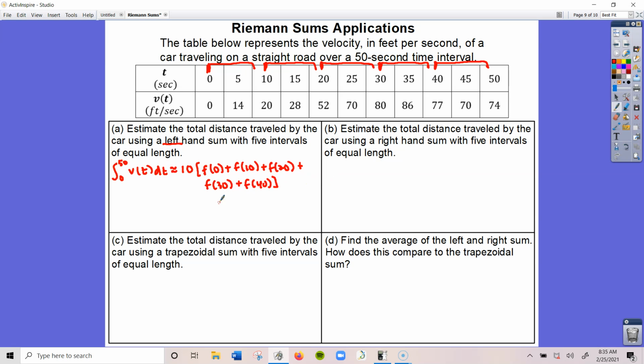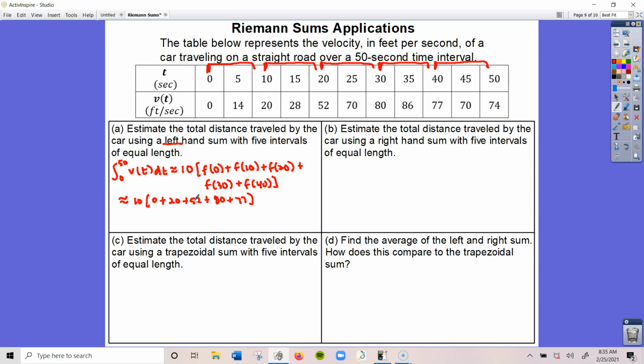And now we plug in those function values. So 10 times f of 0, which is 0, plus f of 10, which is 20, plus f of 20, which is 52, plus f of 30, which is 80, plus f of 40, which is 77.